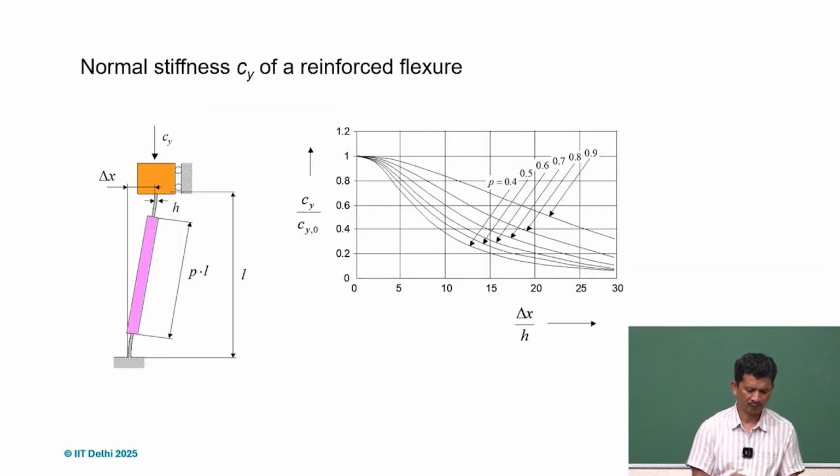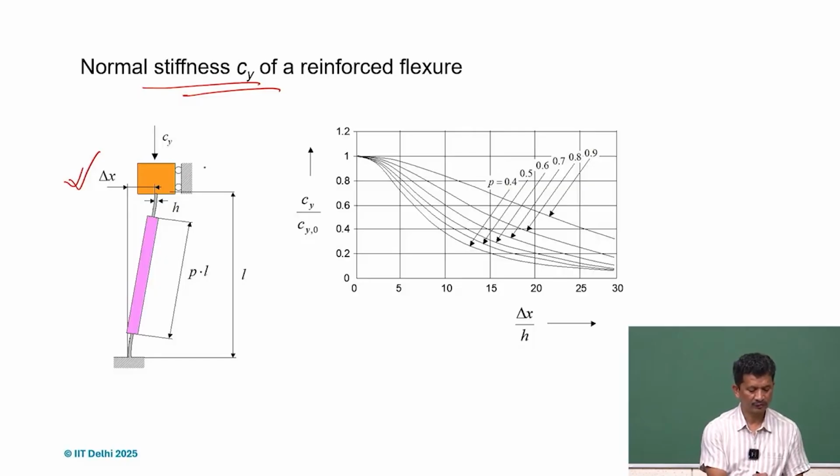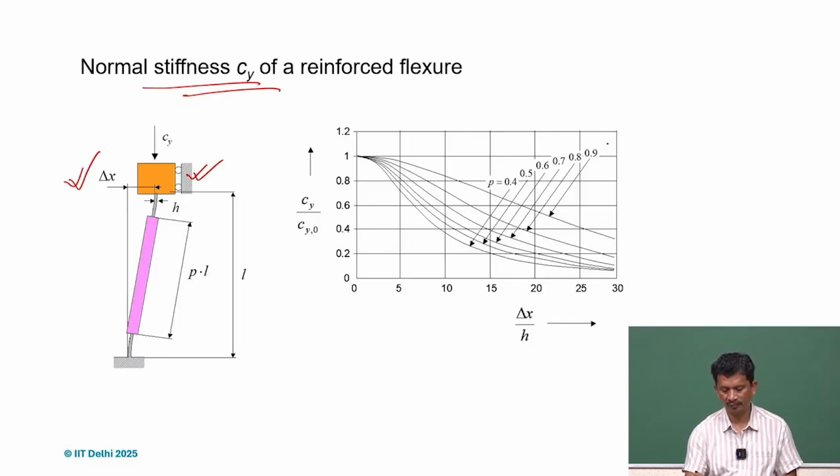And again, we can also do a similar analysis: what will happen to the normal stiffness Cy if there is already a displacement here. For this case, when the guiding stiffness is high, in this case it is infinite. If we compare with respect to P, for different values of P, this is what we achieve with respect to delta x by h, and this is the stiffness in the y direction.